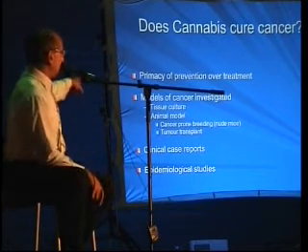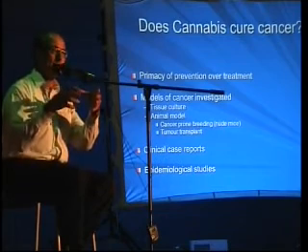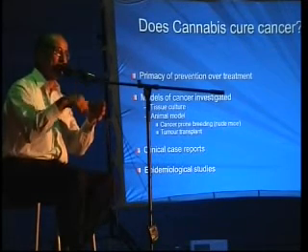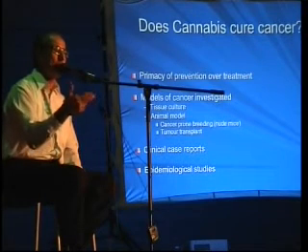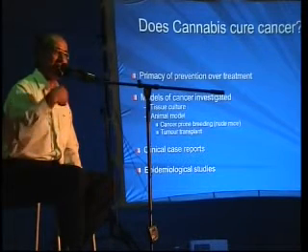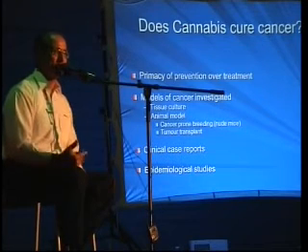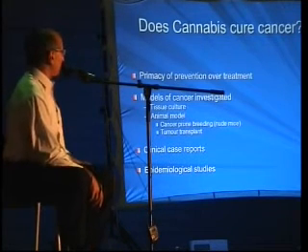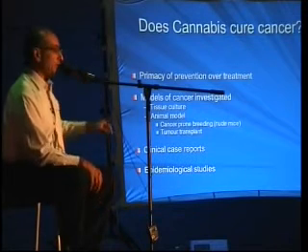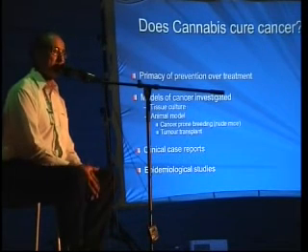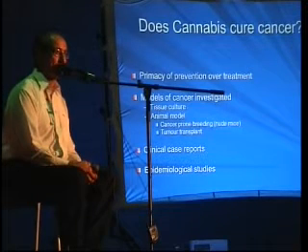In the models that have been investigated, we use either tissue culture, where you actually get the cancer cells growing in a petri dish, or you inject those cancer cells into an immune deficient animal, and then you develop a human cancer on a mouse or whatever other animal you care to use. And in those tissue culture and animal models, various forms of cannabis have demonstrated dramatic anti-cancer effects.